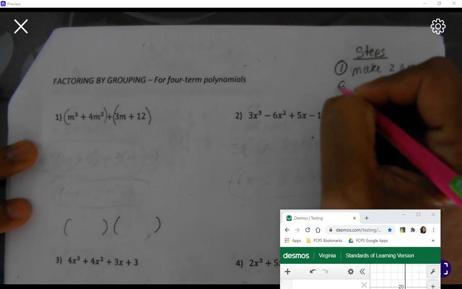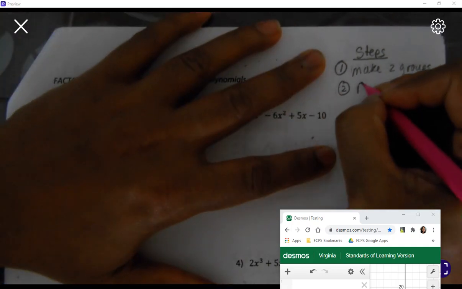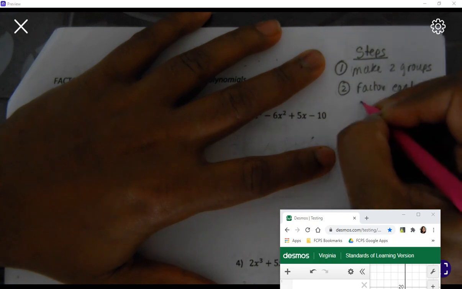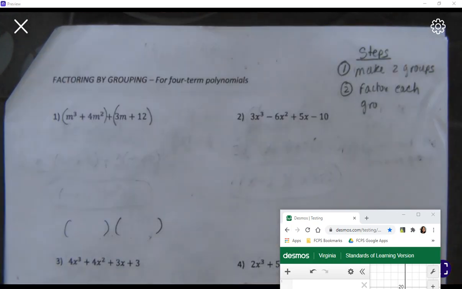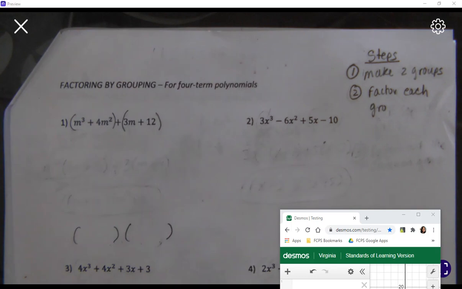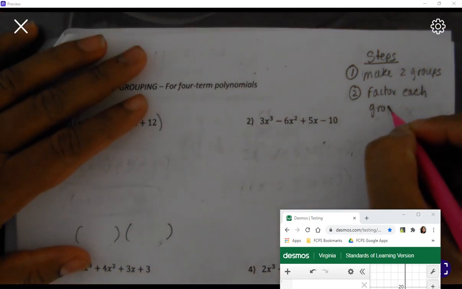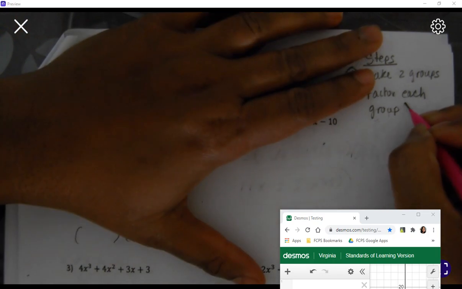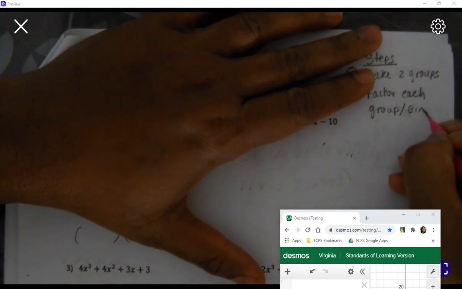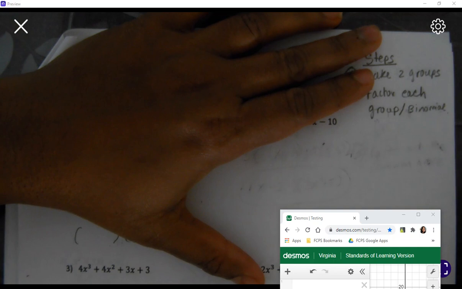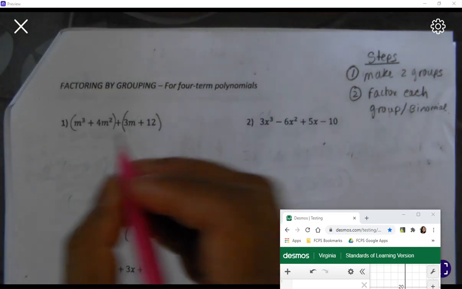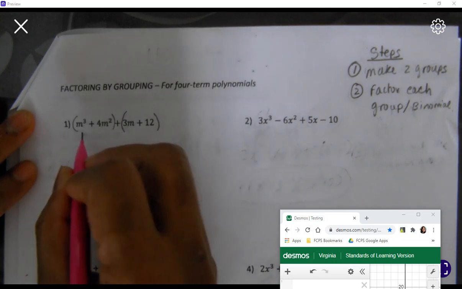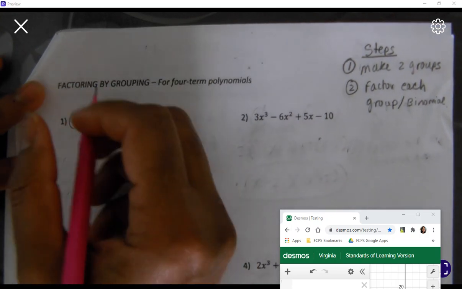Second step is we're going to factor each group, or in other words, each binomial. First we made 2 groups, and now I'm going to focus on these 2 binomials.